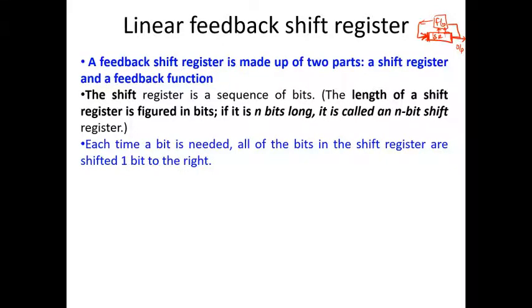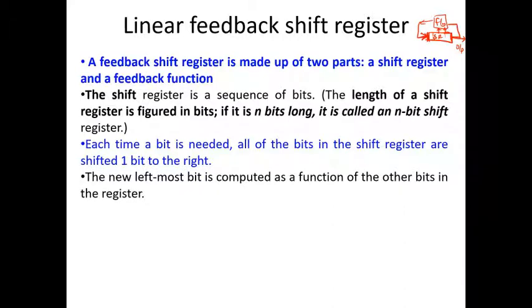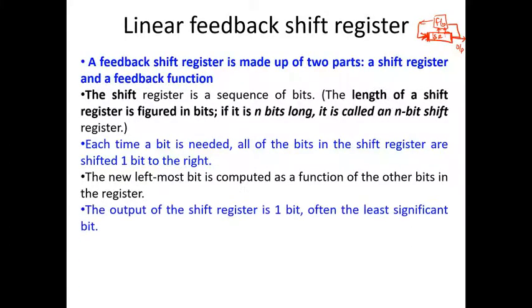All bits will be shifted right by 1 bit. The new leftmost bit is computed as a function of other bits in the register. So we are defining a feedback function, and that feedback function will make use of some input bits from the shift register, and it will help you decide what should be the leftmost bit.